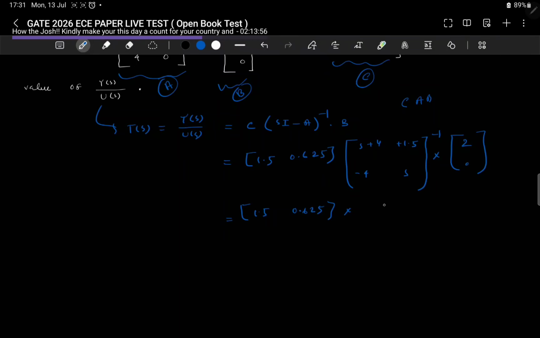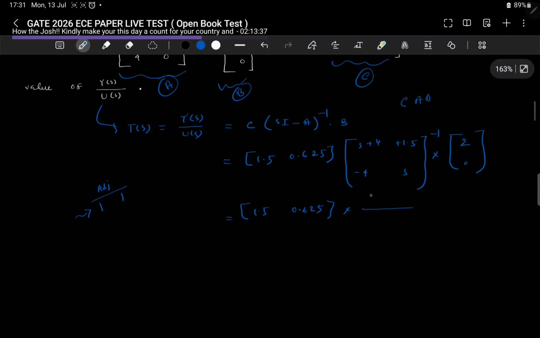If you want me to solve, I can solve it later, but I think you know this. First we need to find out the adjoint, and then we need to divide it with the determinant. Okay, so it will come like this.